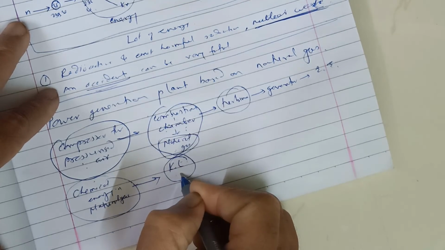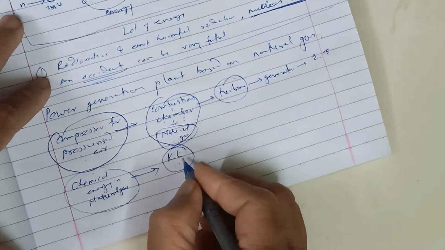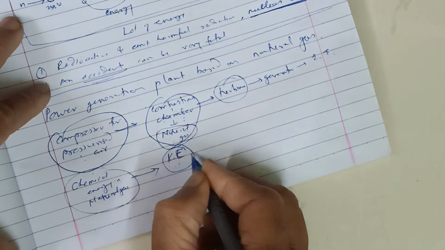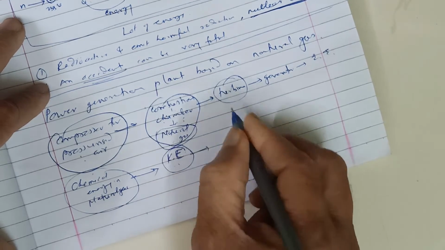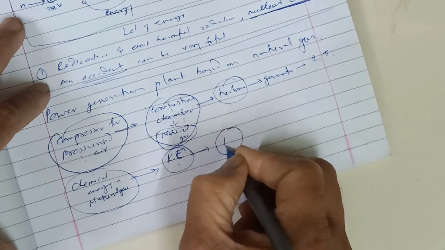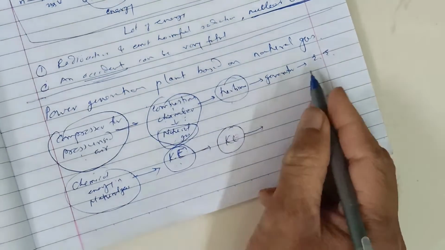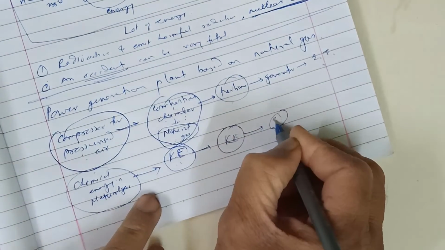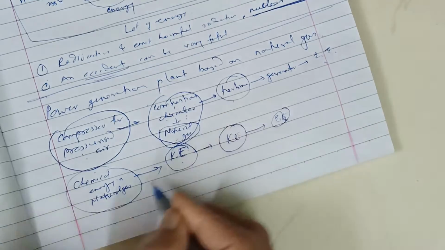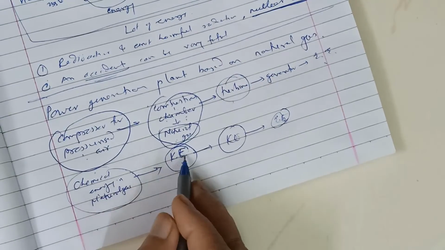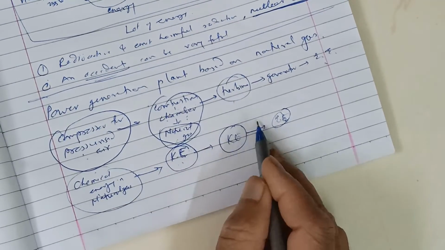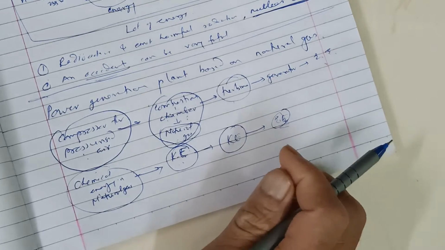The kinetic energy is produced, and then this is used in the turbine, and then in a generator finally the electrical energy is produced. So here the chemical energy is converted to kinetic energy, and then kinetic energy to electrical energy.